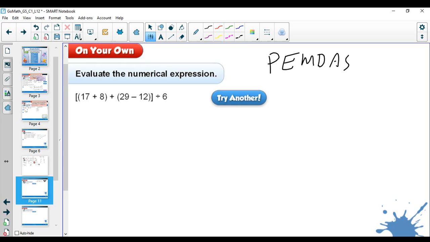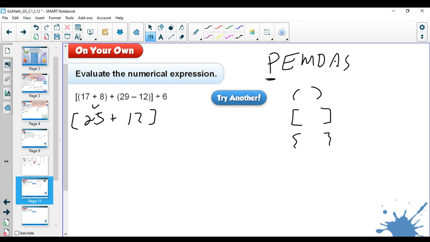All right, I'm going to start by writing my order of operations over here. I'm going to start with my parentheses. Remember, I start with my normal parentheses, and then I work my way out to brackets, and then if I have them, I do braces. So 17 plus 8 is 25. Rewrite that. Plus 29 minus 12, that leaves me with 17.